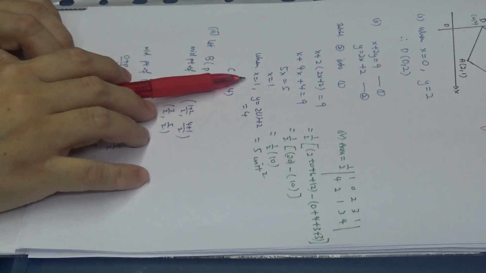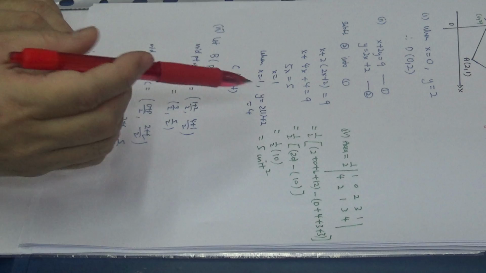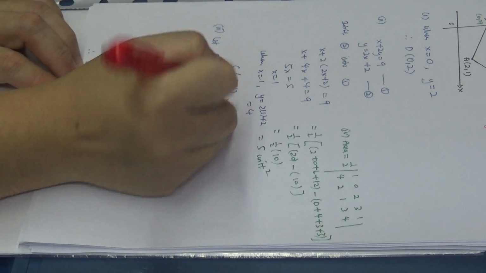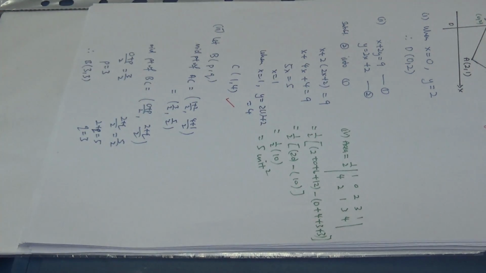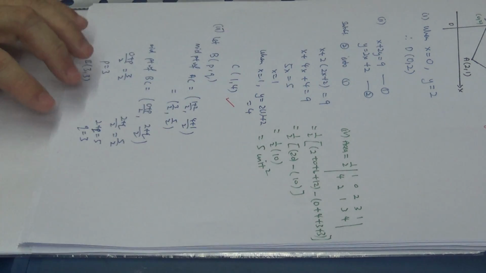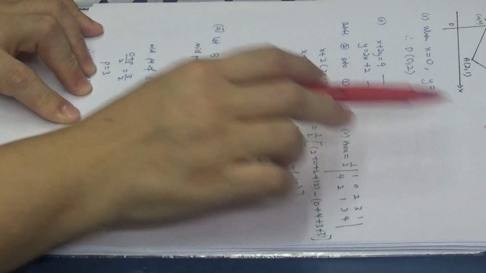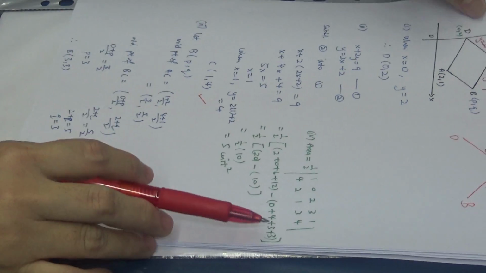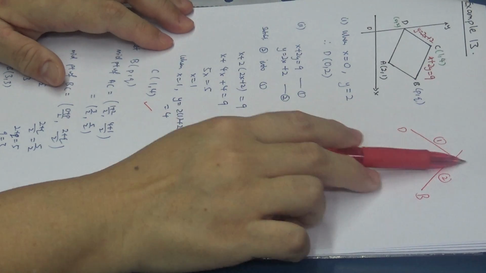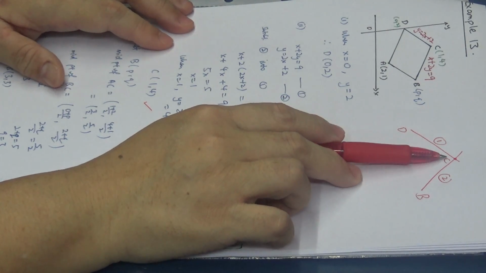I will get x as 1 and y as 4, and I will get C as 1, 4. When I solve a pair of simultaneous equations, the point of intersection lies on the two lines, so it will represent the point C.